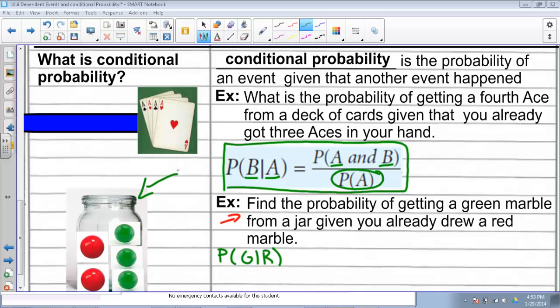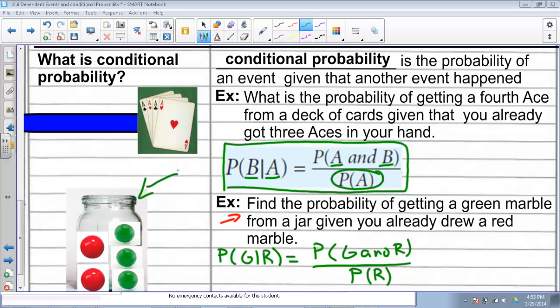Okay? Well, this is equal to the probability of getting a green and a red, all over the probability of getting a red. Okay, well, we can figure out some of these probabilities. First off, what's the probability of getting a red?